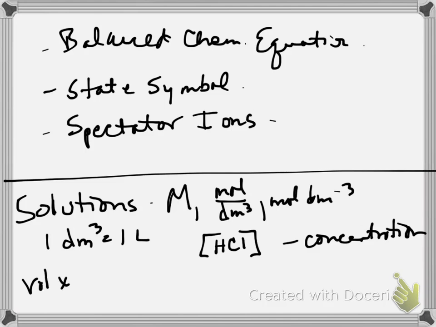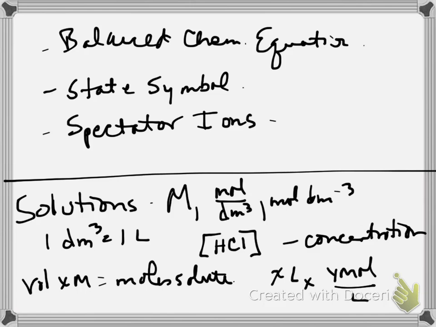Volume times the molarity is going to give me the moles of the solute. Because basically you will have X amount of liters times your Y moles per liter, which is your concentration and molarity. Hopefully you can see that'll give you moles of solute.